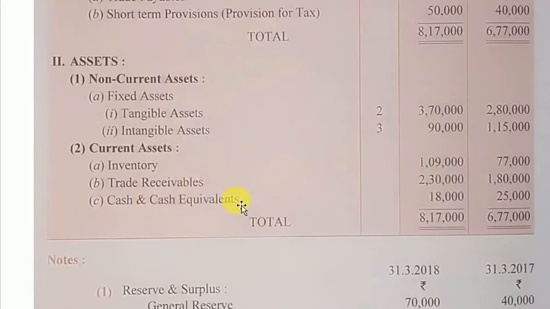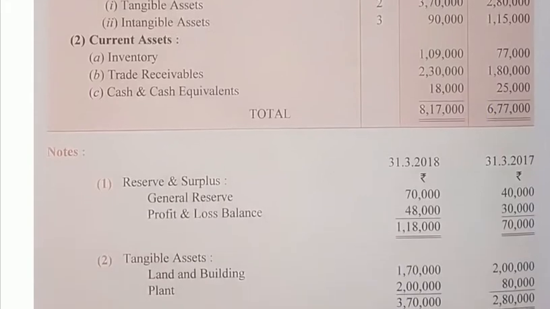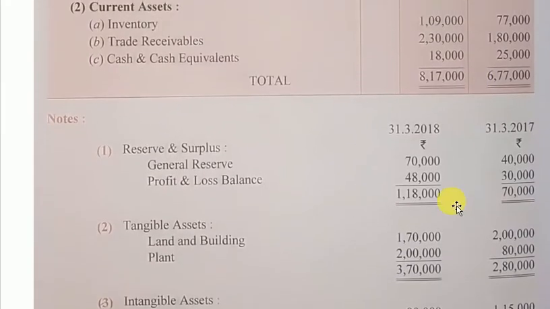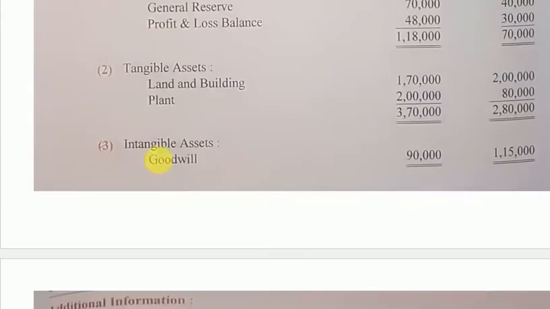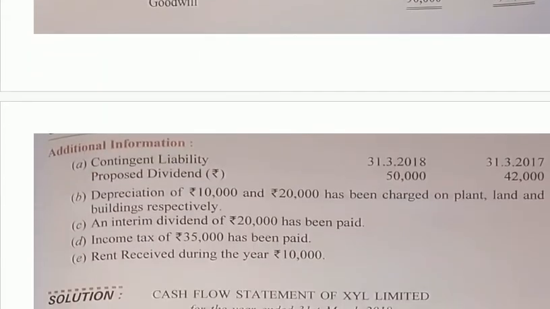And then we have the notes to accounts detail, which starts with reserves and surplus. It has given you two subheads, general reserve and profit and loss balance. Then tangible assets gives us land and building and plant. Intangible assets talks about goodwill and the additional information which we discussed just now.